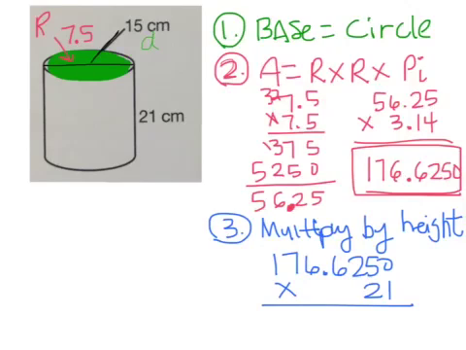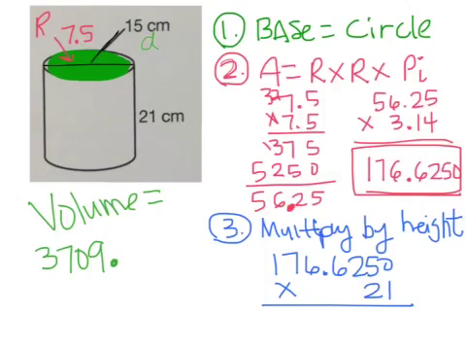When you get that totally worked out, that will tell you the volume answer. And the volume of this cylinder is 3,709.1350, or 3,709 and 135 thousandths. This was measured in centimeters, and volume always is measured in cubic units, so I'm going to put a 3 for my exponent.